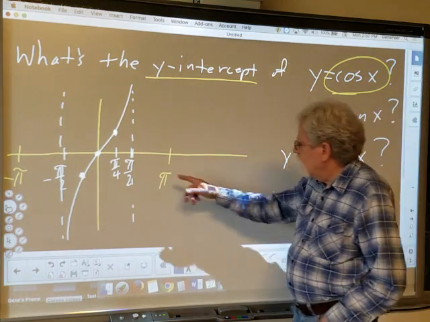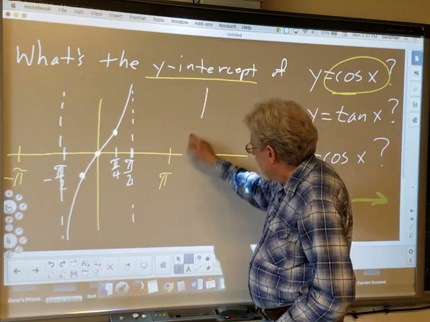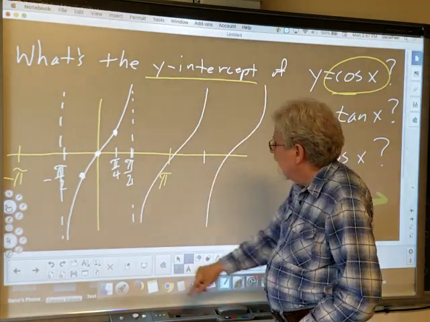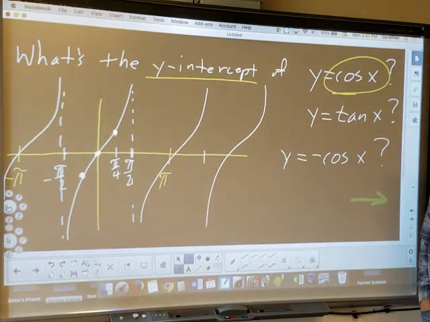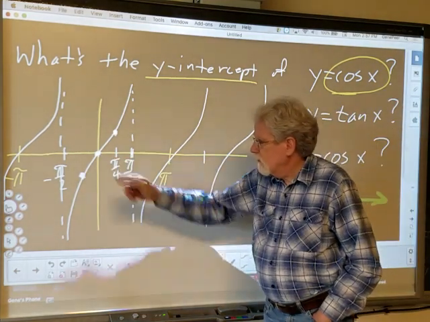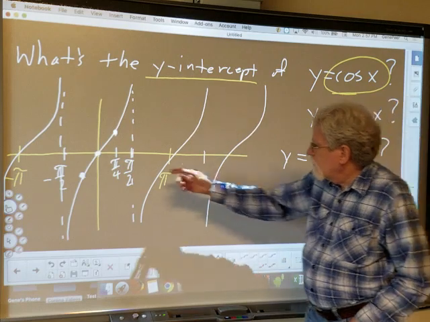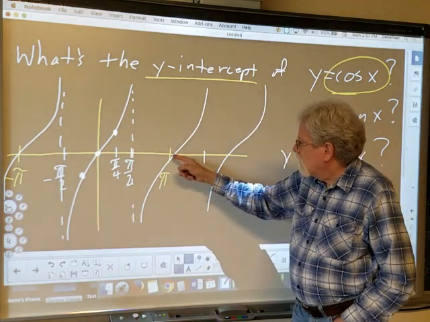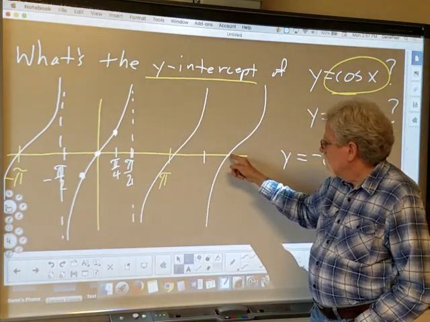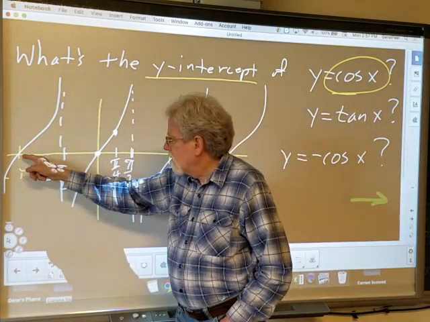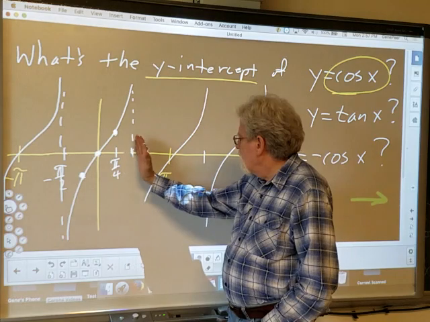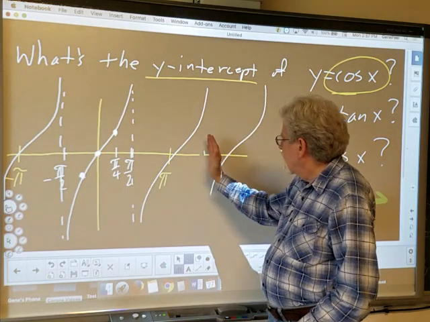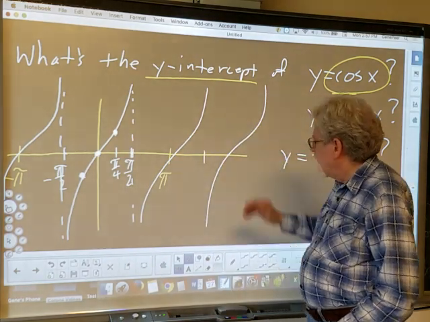And of course, it repeats this pattern every pi. So the y-intercept is 0. It has another y-intercept at 1 pi, and another at 2 pi, and 3 pi, and negative 1 pi, and negative 2 pi. It has asymptotes at 1/2 pi, and 3/2 pi, and 5/2 pi.